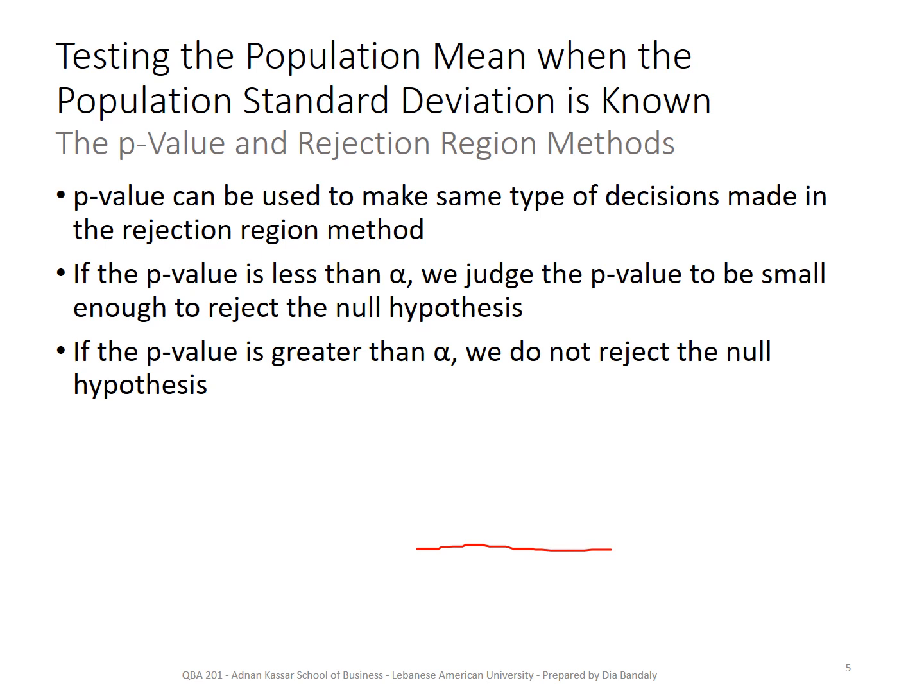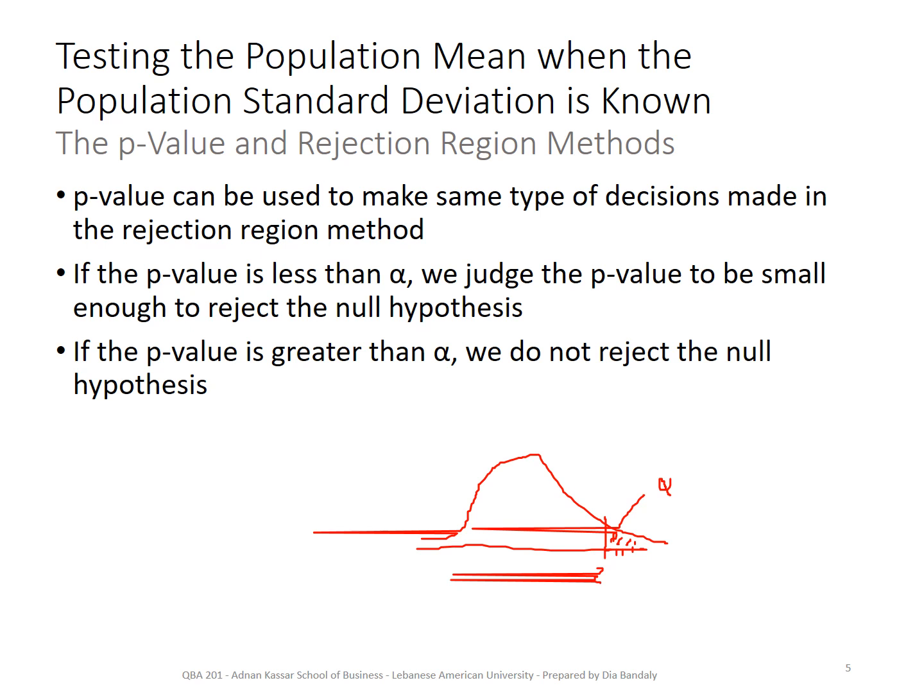In the rejection region, what did we do? We have that very ugly curve, but bear with me, it's okay. Let's say that was our rejection region, and we rejected when the z value was somewhere here, and that was our z critical, right? Now, remember, what's that area? This is alpha.